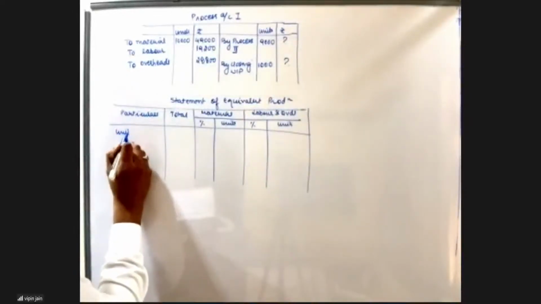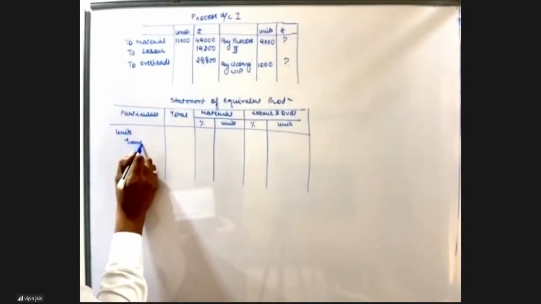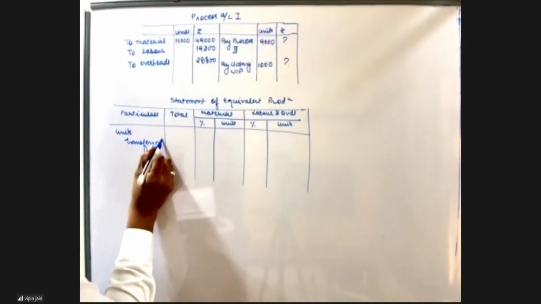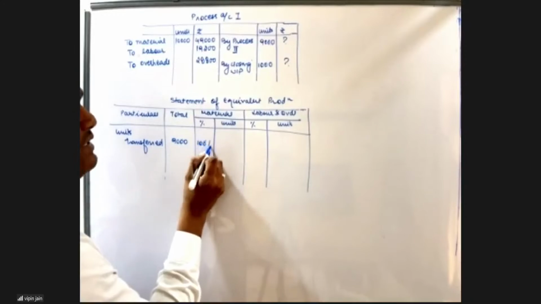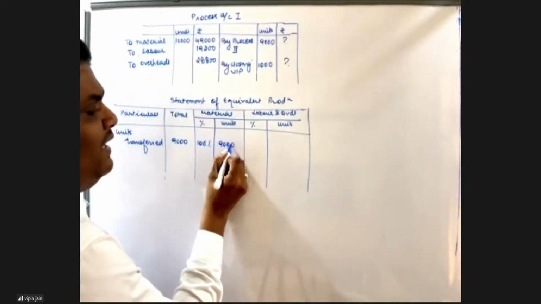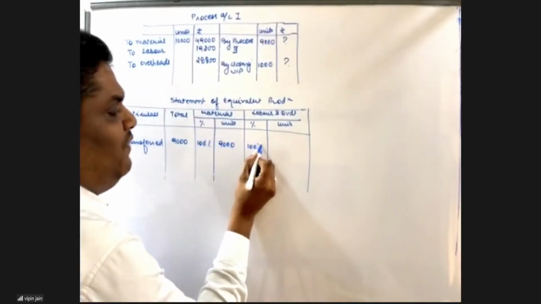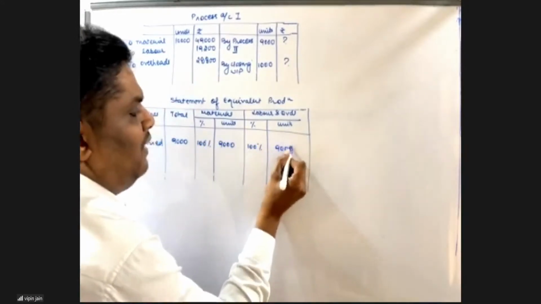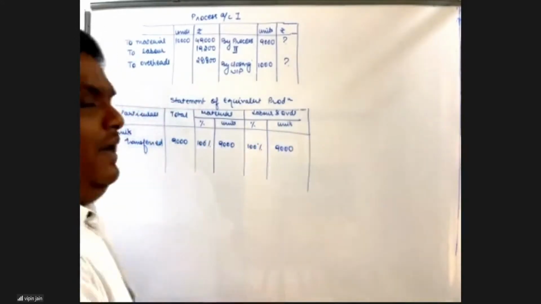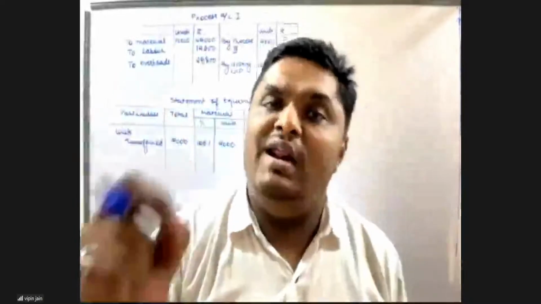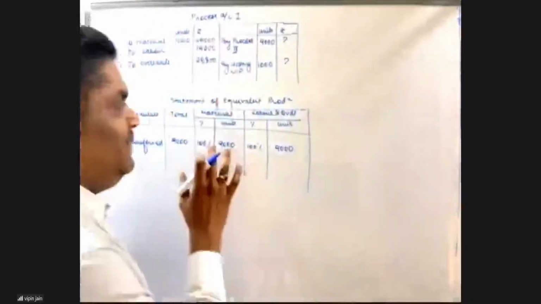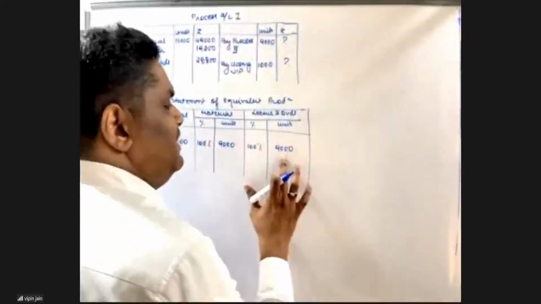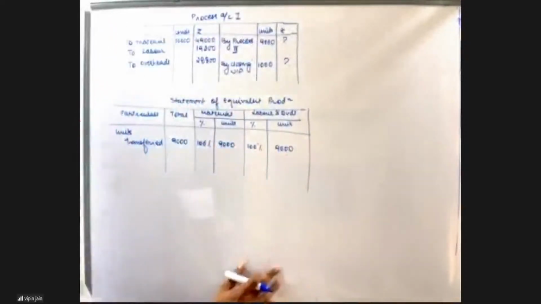So units, how much? 9,000. So equivalent number of units in respect of material will also be 9,000 and in respect of labor and overhead will also be 9,000. Again, 9,000 units are 100% complete. Therefore, the equivalent number of units in respect of material is 9,000 and labor and overheads is also 9,000.